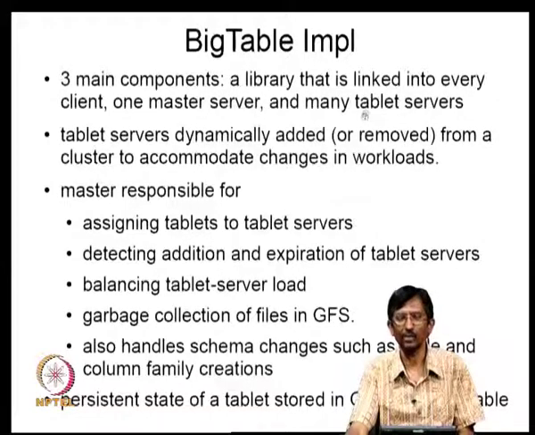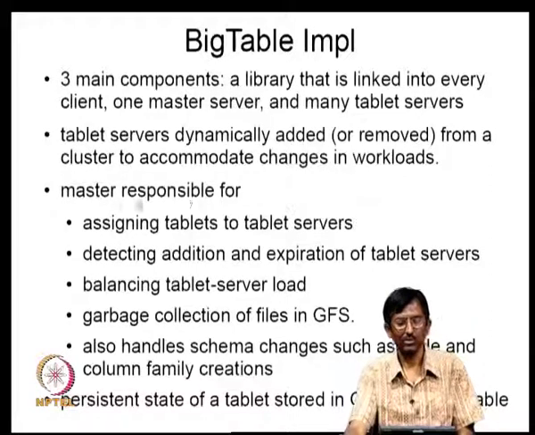The tablet servers basically have multiple rows, and that is a unit of distribution. Tablet servers can fail, or if you have more rows coming in, you want to move it to a new machine. So, to accommodate changes in workloads, this kind of dynamic activity with respect to tablet servers keeps happening.